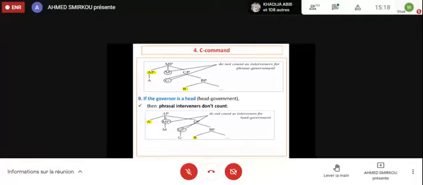A does not govern G because M intervenes in this government, because M is a lexical item, and A and G are lexical items. But M does not C-command G. Yes, A governs M because there is no intervening node here.